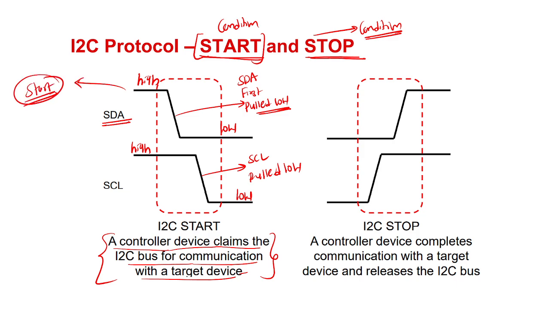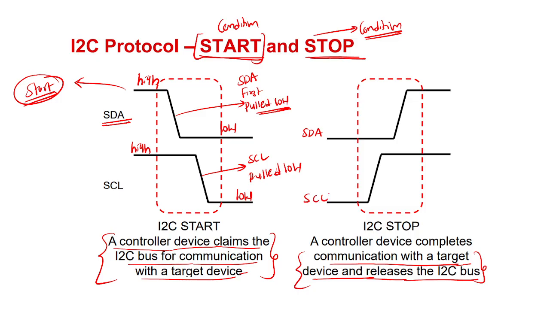Coming to the stop condition, after the controller device completes the communication with the target device, the slave, it releases the I2C bus. That is nothing but the stop condition. In the stop condition, what happens? This is SDA and this is SCL.